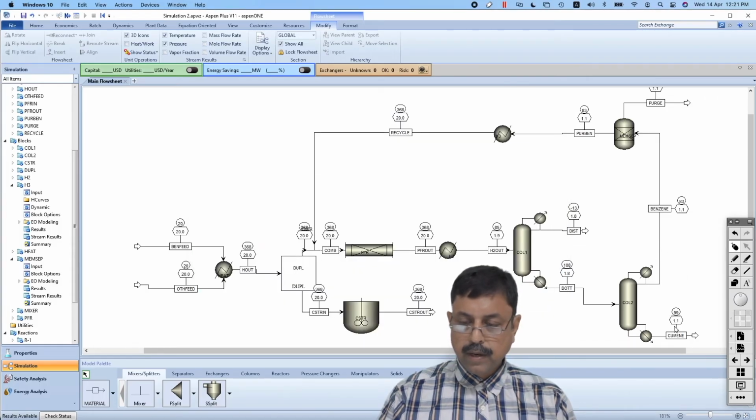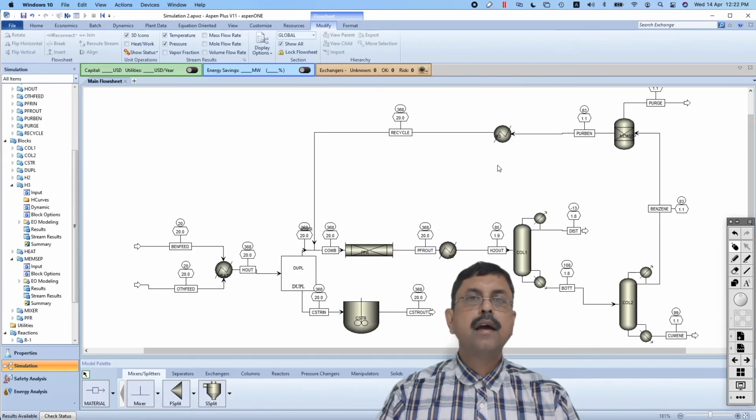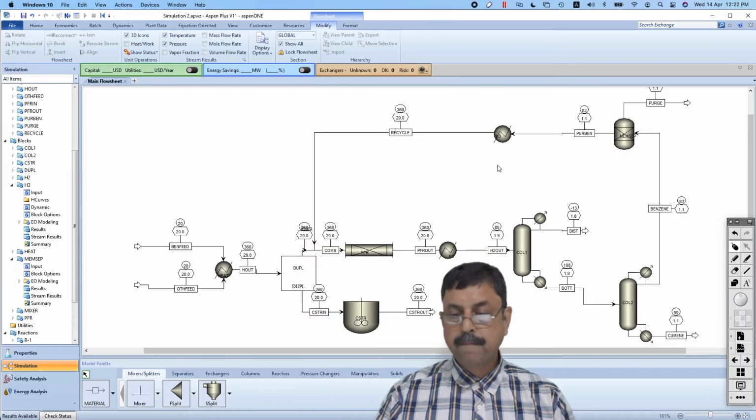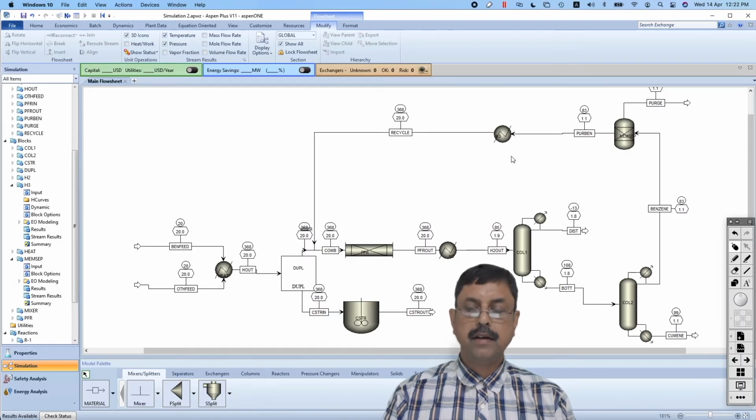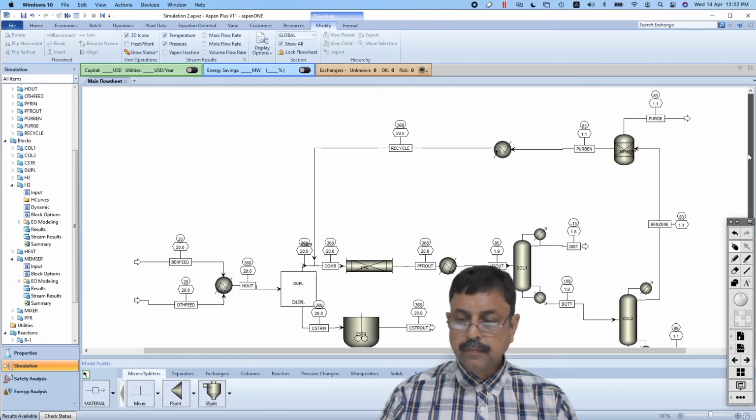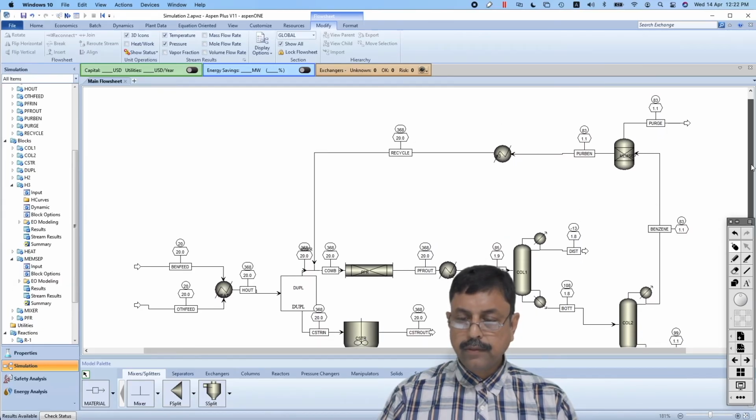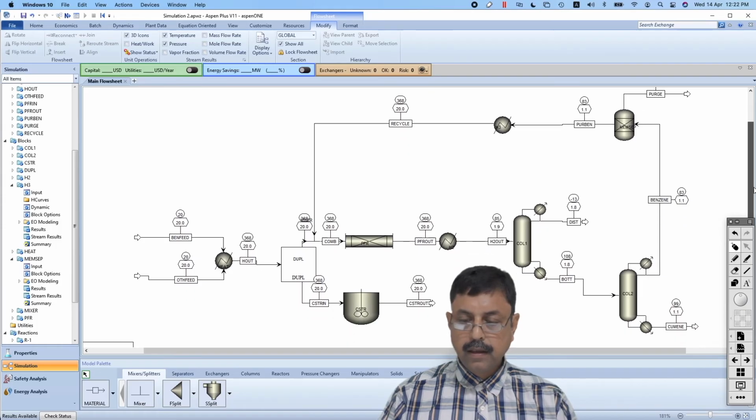Yeah, it is 1.1 bar is the pressure. So the heater itself is working as a compressor and the heater, or else you can use a compressor and heater separately. Okay, so it can be purged this way.